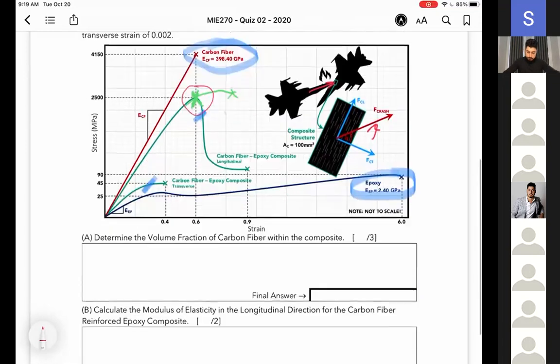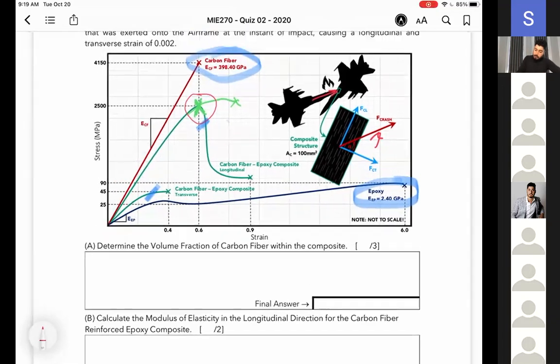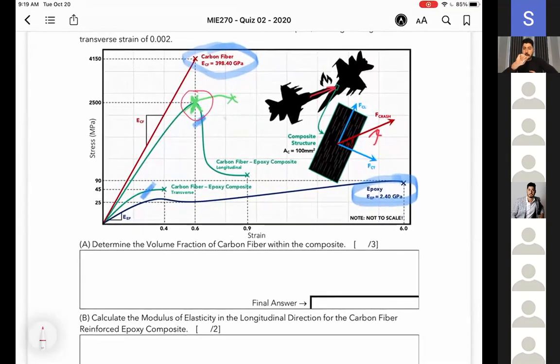Let's move on. Determine the volume fraction of the carbon fiber within the composite. Does anybody have an idea on how we're going to do this given the information up here? No, we're looking for VF.